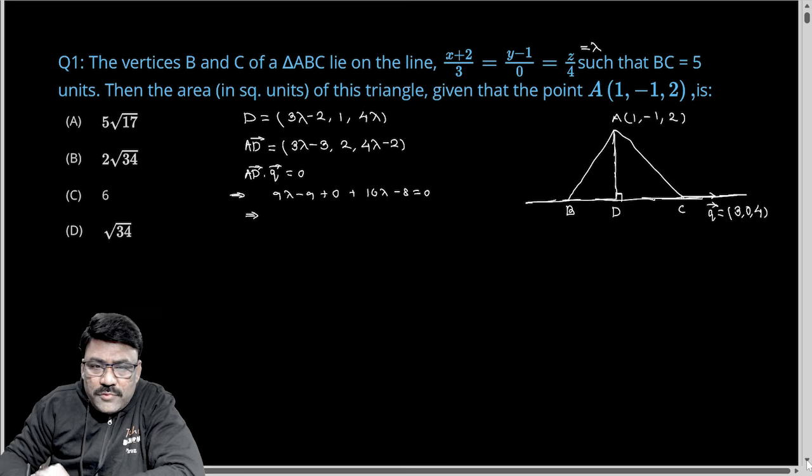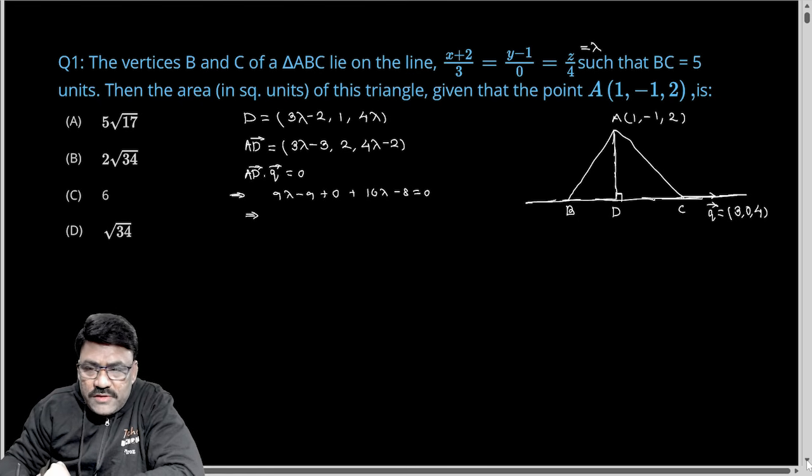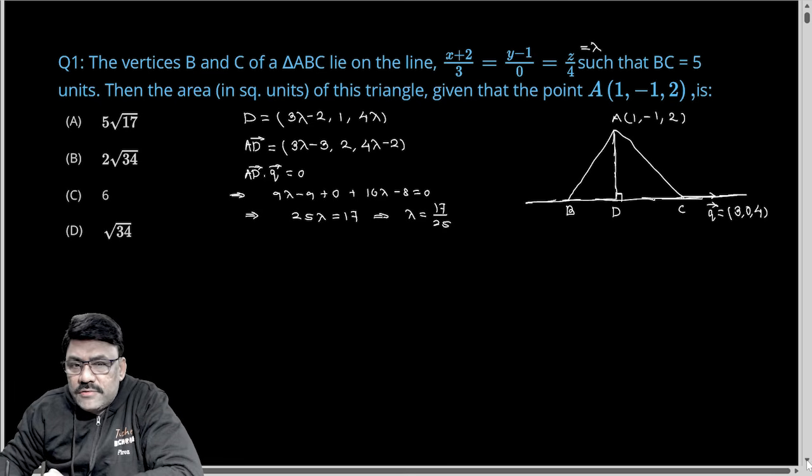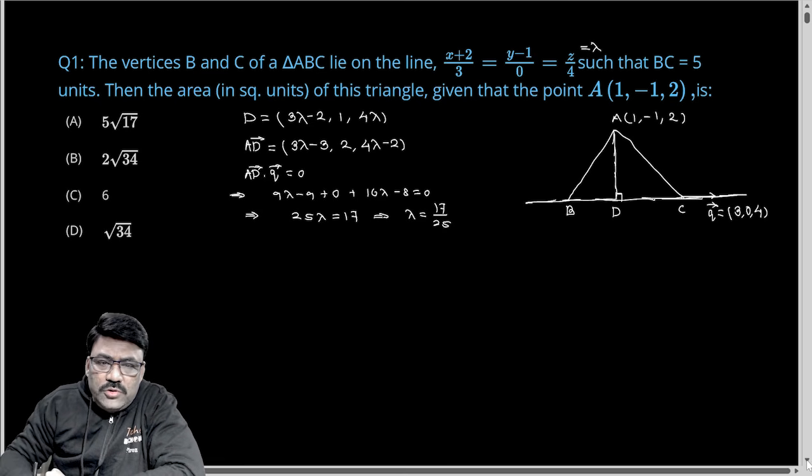So this gives you, not 17, 9 and 16 is 25 lambda actually. 25 lambda is 17. So lambda will be 17 by 25. Now you know lambda is 17 by 25, so you can find the point D now.